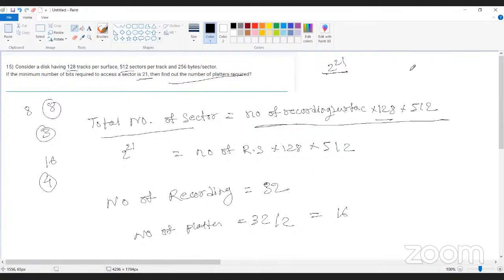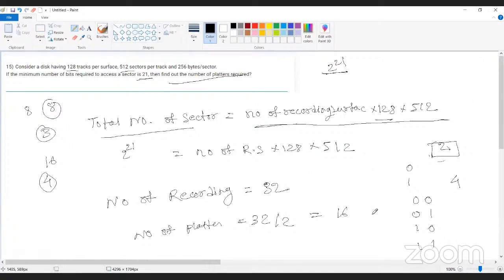Let's say one example. If the total number of sectors is 2, you can identify 0 and 1 using 1 bit. If the total number of sectors is 4, you can identify using 2 bits: 00, 01, 10, 11.